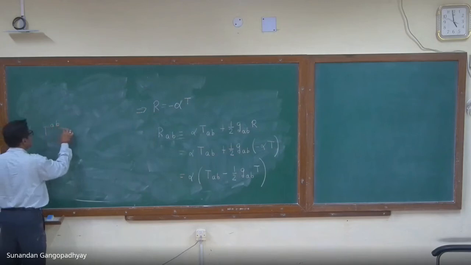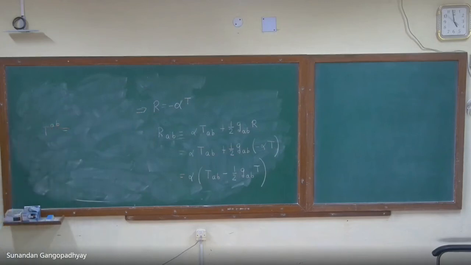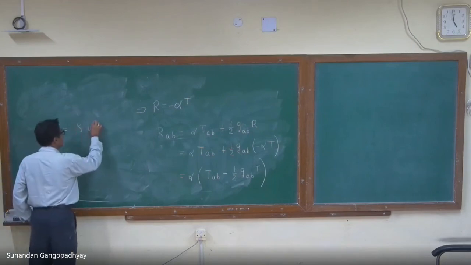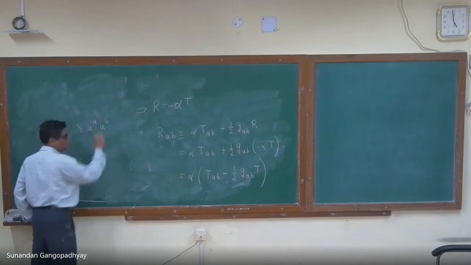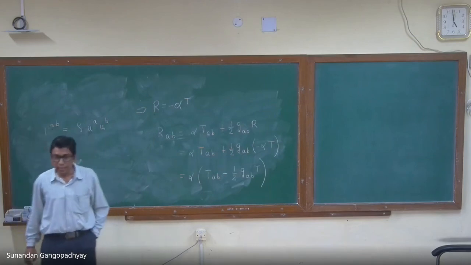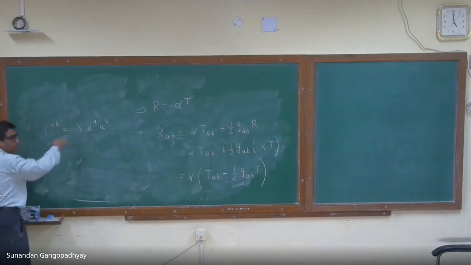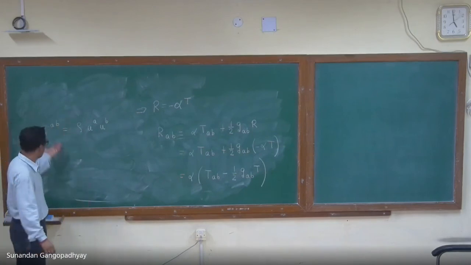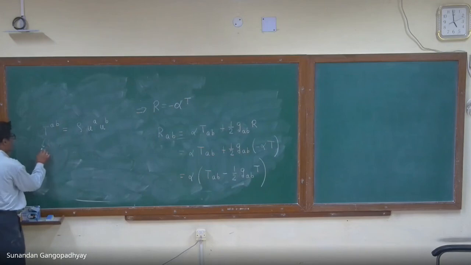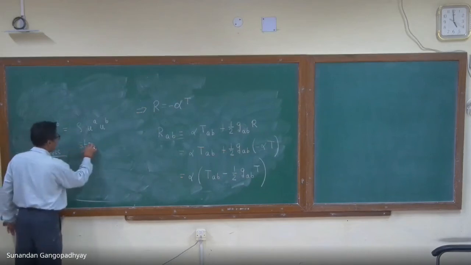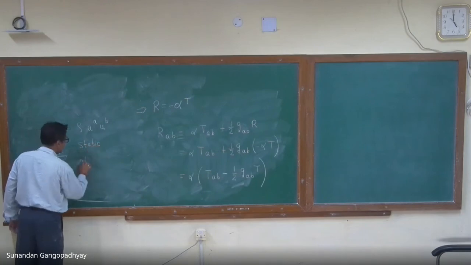I shall write this as T_AB equal to rho U_A U_B, for static dust particles. So I'm assuming that this energy momentum tensor, which describes the matter, the stress tensor, consists of static dust.